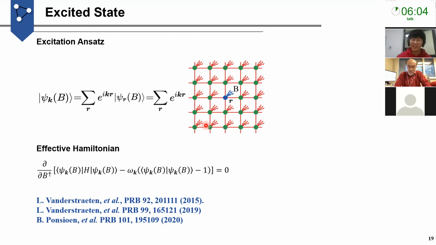Oh, I see. I understand your question. Actually, I first say that linear spin wave theory is different from this ansatz because it's a low energy effective theory. It will not perturb only a single impurity tensor, it will perturb a lot of tensors.